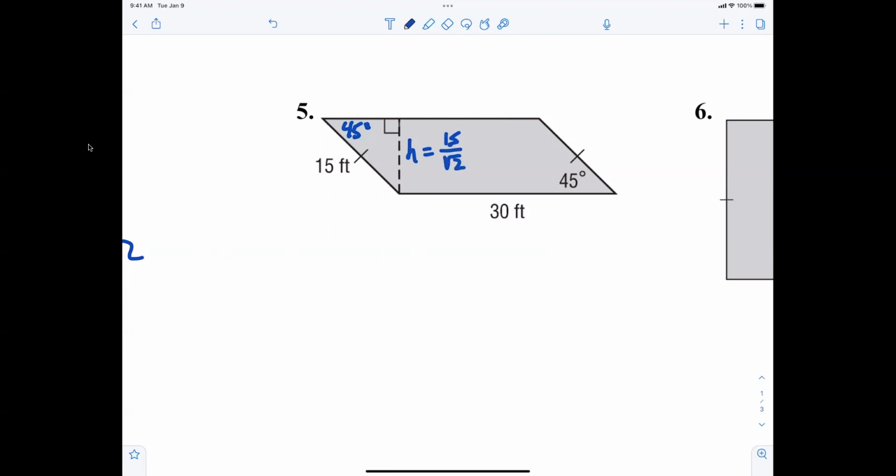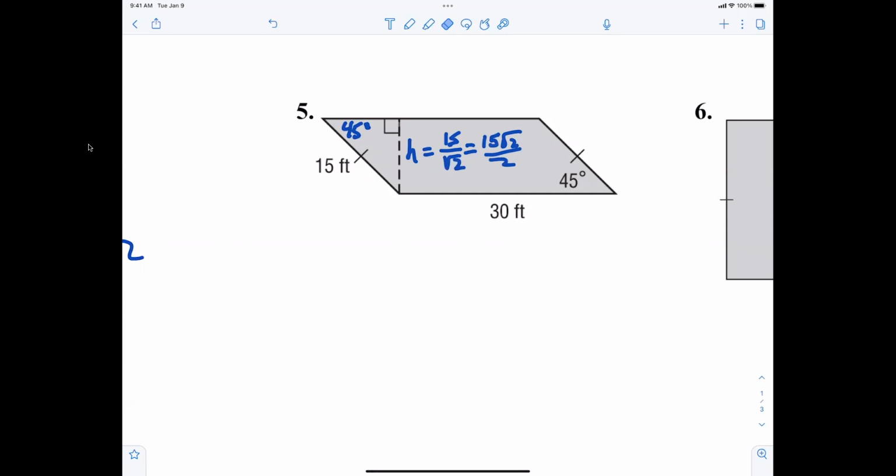And then when you rationalize, once you see the pattern, you'll be able to recognize it. It's just half of 15 times square root of 2. When you rationalize, it becomes 15 radical 2 over 2. That's the height. Come on now, don't just write it down. Think about it. We went from the hypotenuse to the leg, divide by radical 2.